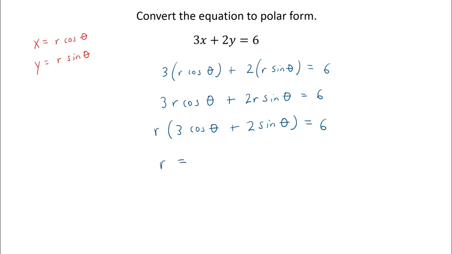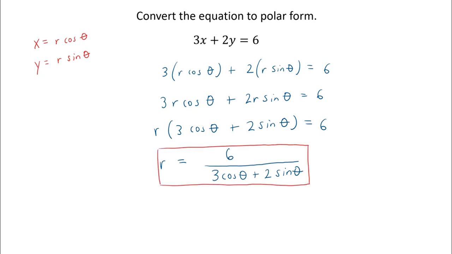So we'll have r is equal to 6 divided by 3 cos theta plus 2 sine theta. So in the polar world, this linear equation is r equals 6 divided by 3 cos theta plus 2 sine theta.